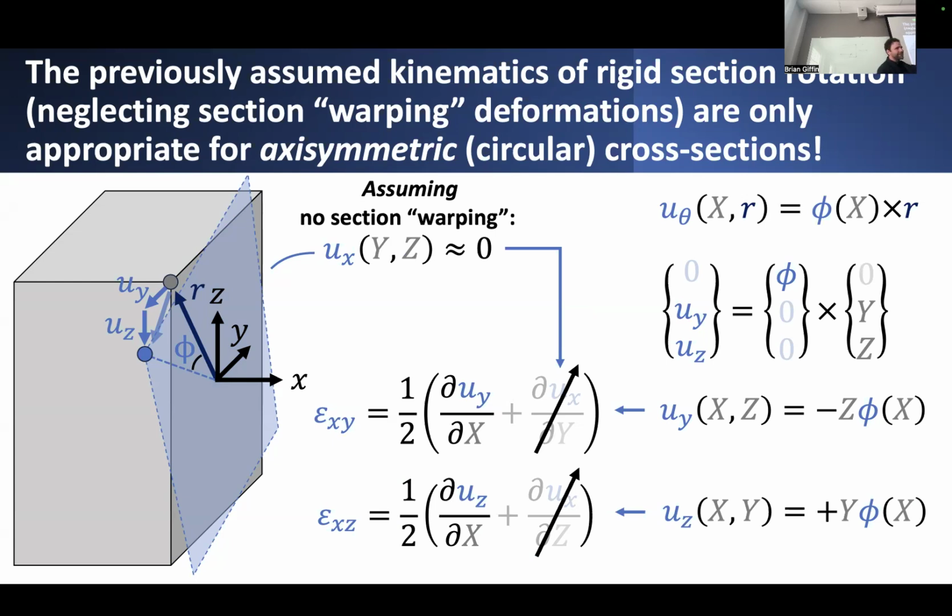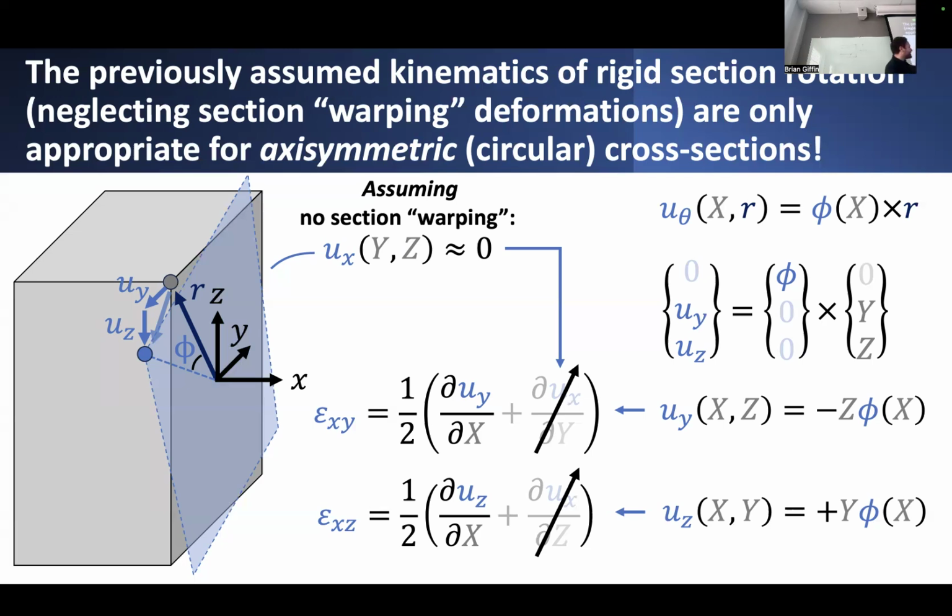So we'll still invoke this assumption, more or less, by supposing that maybe each section will undergo some kind of constant angular displacement, such that the in-plane components of displacement in the y and z directions will be governed by precisely this angle of twist for this particular cross-section. So we can still use that, but the thing that we're going to relax is the assumption of planarity.